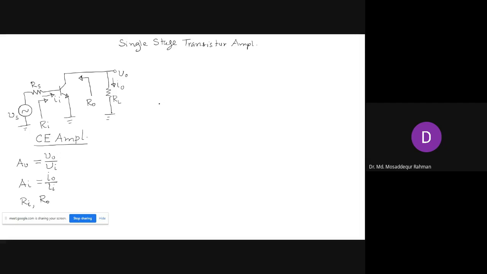So what's the first step we need to do here? The first step to analyze the circuit.